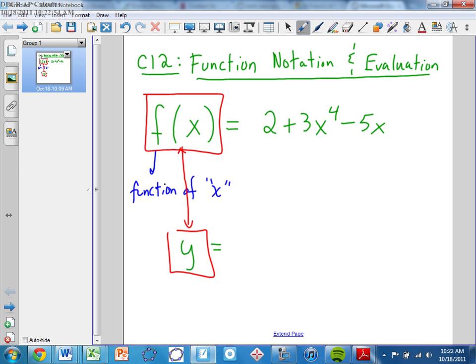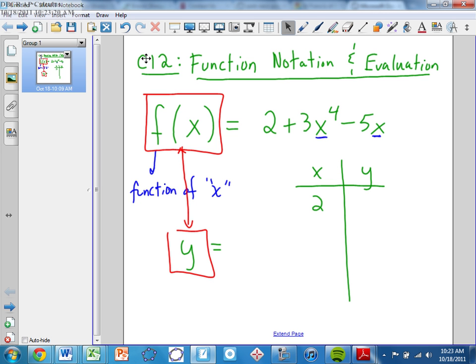If we want to find the value of y, or f of x, we simply pick a value for x, plug it in, and get our value for y. We've done this before in Algebra 1 and in geometry. So if you wanted to look at the point 2, you would plug in the 2 right here and right here.